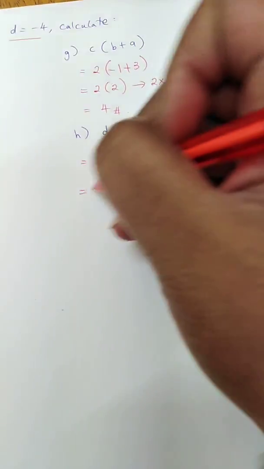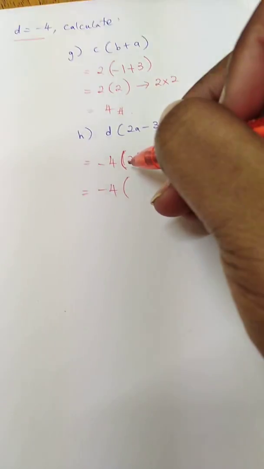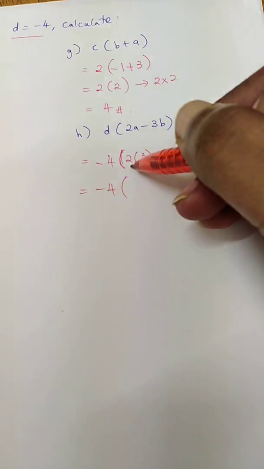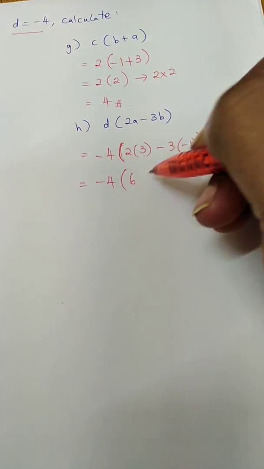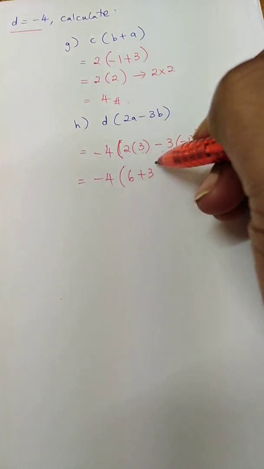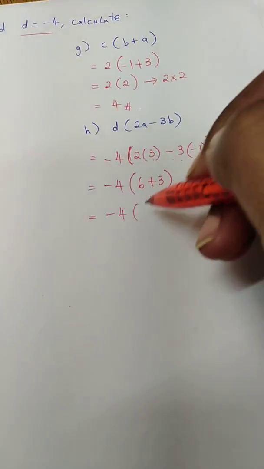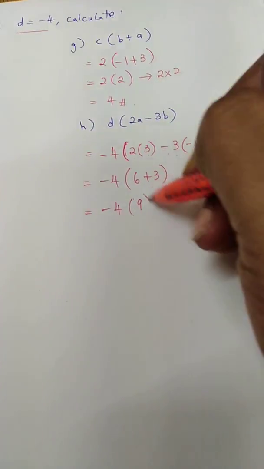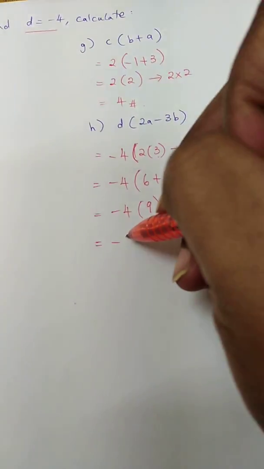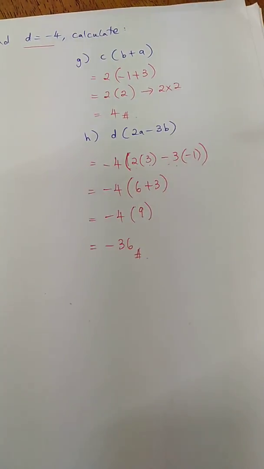So you have negative 4 multiplied by, now you have to solve the one inside the bracket. 2 times 3 is 6. Negative 3 times negative 1 is positive 3. So this would be 9. Negative 4 times 9 is negative 36.